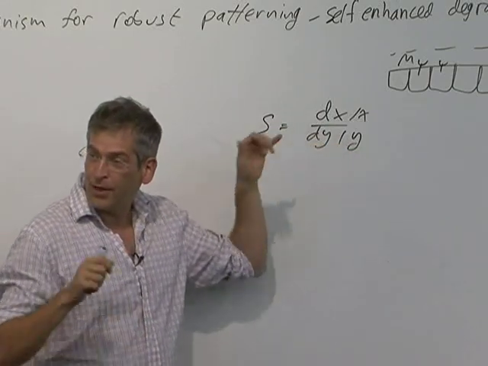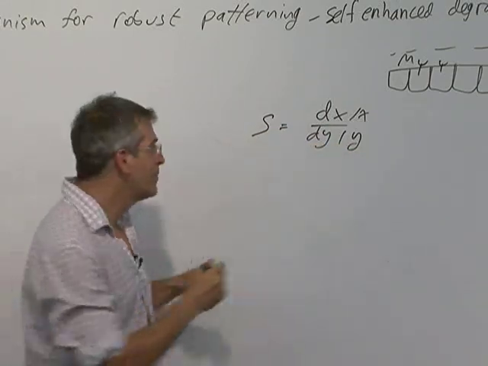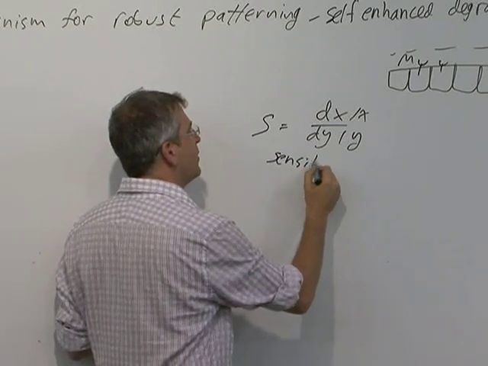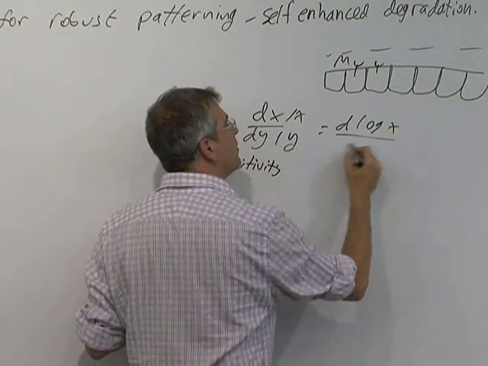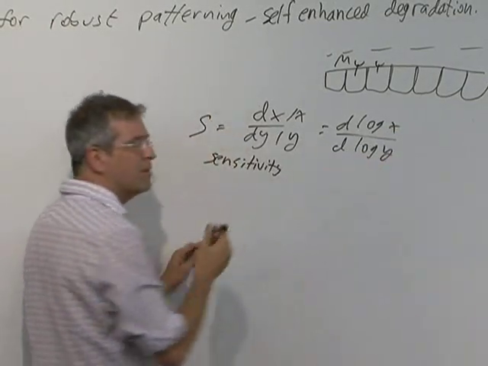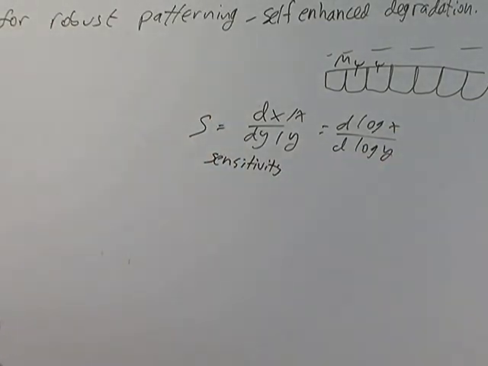That's the sensitivity of x with respect to y, which is also equal to d log x over d log y. In that way you can quantify the sensitivity of anything with respect to anything, and then robustness means that this is a very small number. In fact, you can get it as small as you want in models like this, and you're looking for models where you can make it as small as you want with a big range of parameters.